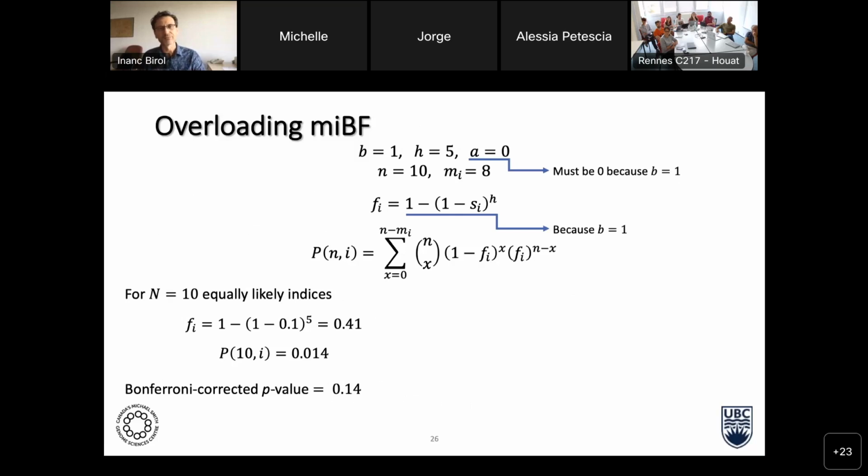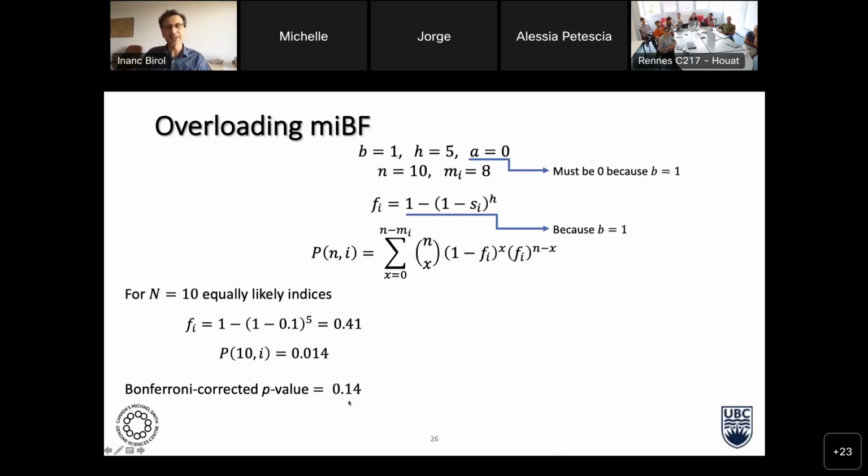So for a MyBF of 100% occupancy with 5 spaced seeds, if we interrogate 10 adjacent frames and see that 8 of them are hitting a particular index i, then plugging those values into these equations, and if we have, say, 10 equally likely indices, our false discovery rate is going to be like 1.4%, and after Bonferroni correction, it is 14%. So nothing to write home about.